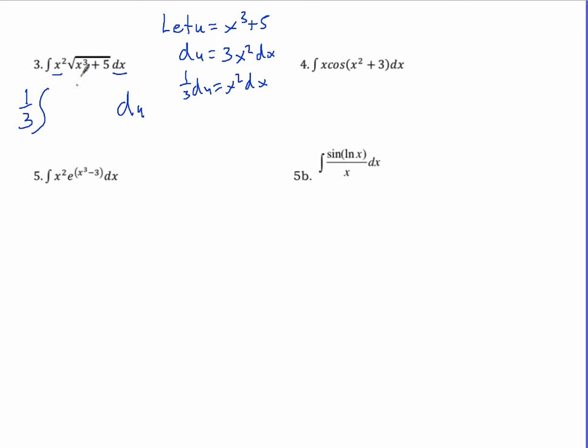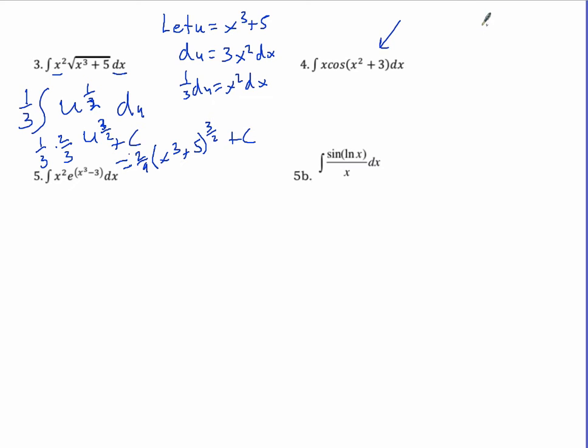And the root of u is u to the power of half. So we increase the exponent by 1. That means we're going to have to multiply by 2/3, plus c. And then substitute, always substitute in what the value of u is. It's (x cubed plus 5) to the power of 3 over 2 plus c.